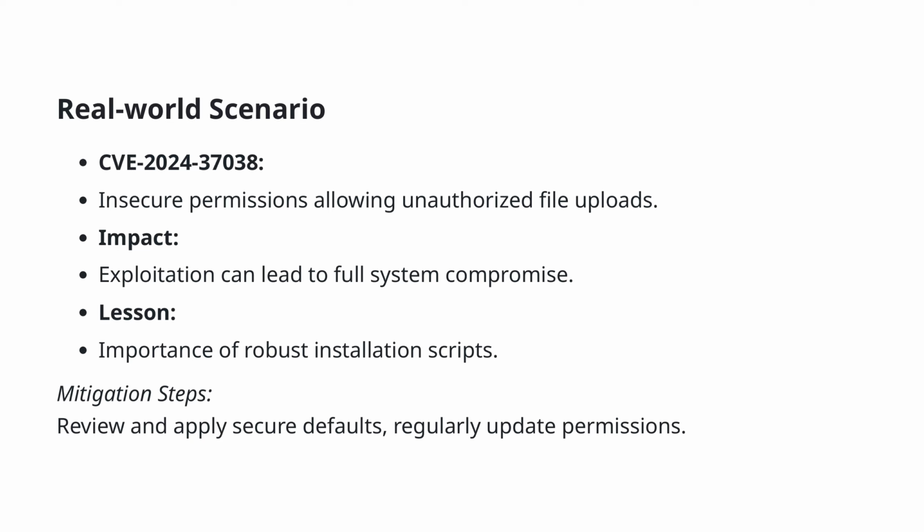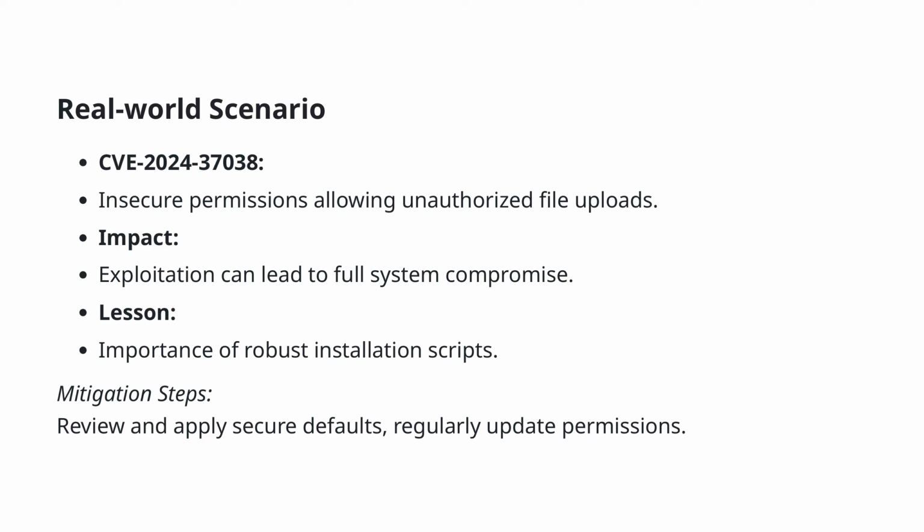Here we have CVE-2024-37038, which highlights the severe risk posed by insecure permissions allowing unauthorized file uploads. The impact of exploiting such vulnerabilities can be devastating, potentially leading to full system compromise. The critical lesson here is the importance of robust installation scripts. This emphasizes the need for reviewing and applying secure defaults as a fundamental step in your mitigation strategy.